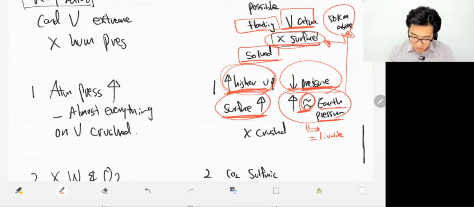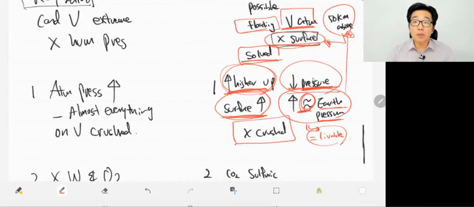So we can live there, no problem. Nothing will be crushed. So I'll show you in the model essay. But we got all the contents down, which is good.